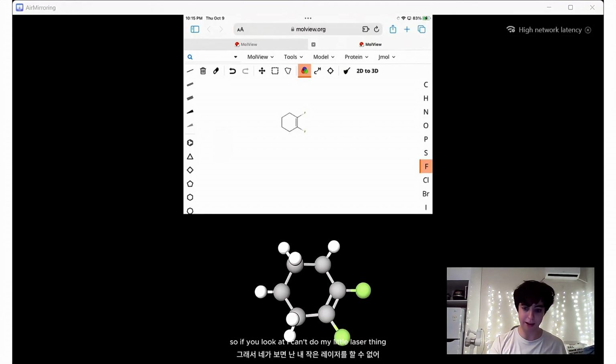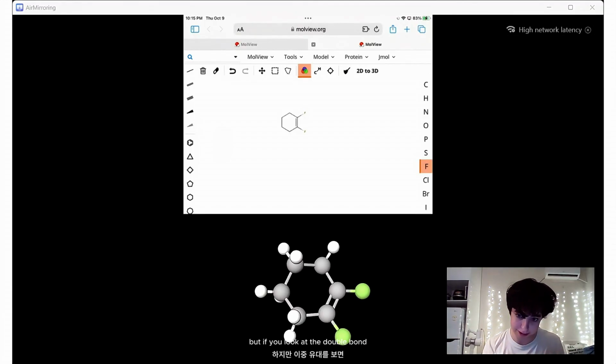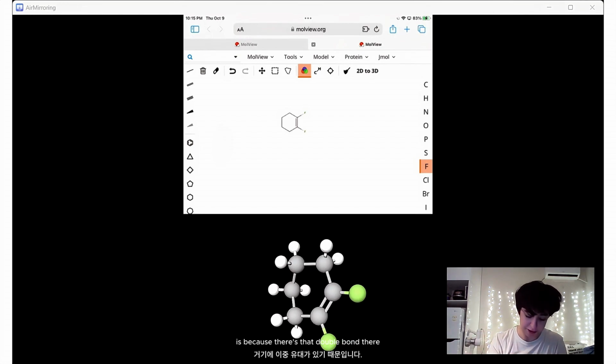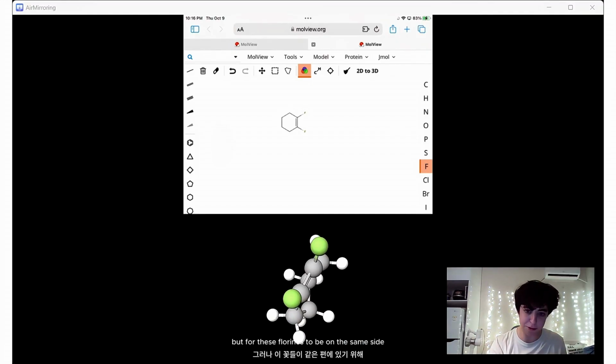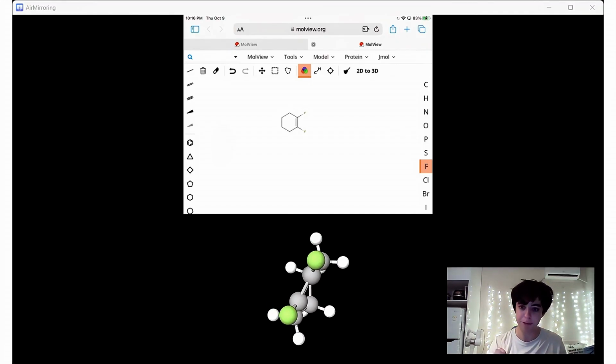If you look at the double bond and the two fluorines, the greens, because there's that double bond there, it's kind of double locked in place. Normally you're only locking one orientation. Now more things are locked. There's literally no choice but for these fluorines to be on the same side. Cis is the only possible conformation.